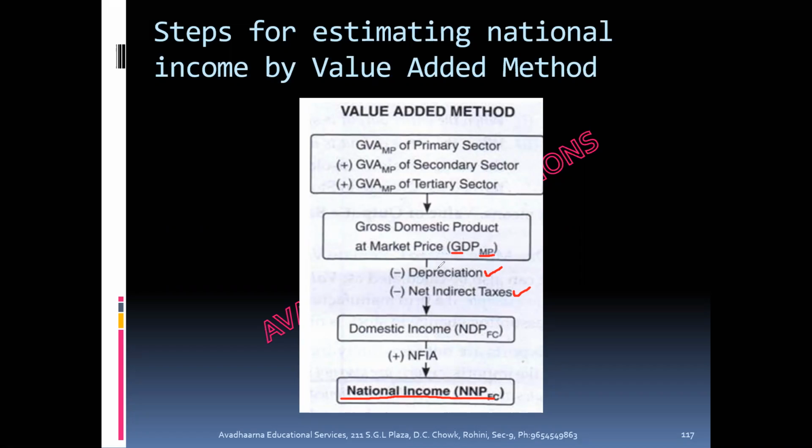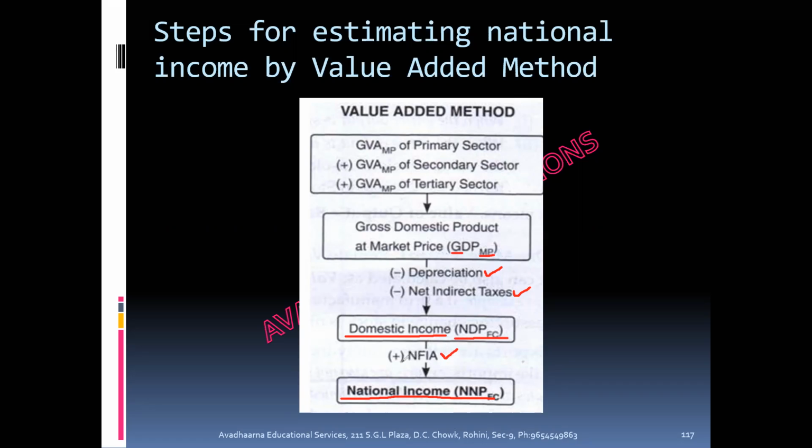Now, if we subtract depreciation and net indirect taxes, we are going to get domestic income, and you see that the standard notation for domestic income is NDP at FC. In order to convert NDP at FC to NNP at FC, which is national income, we are going to add NFIA, that is net factor income from abroad, which is factor income received from abroad minus factor income paid to abroad.